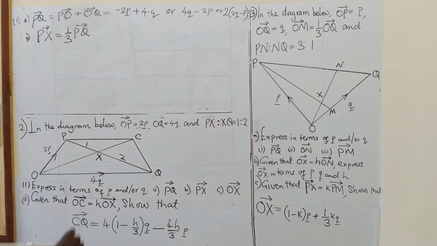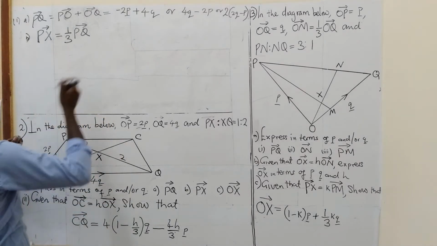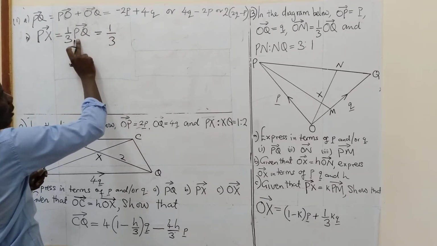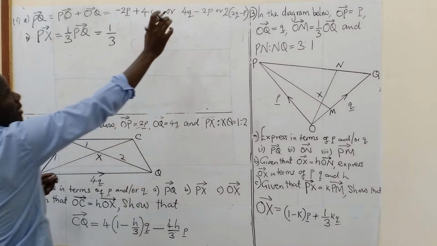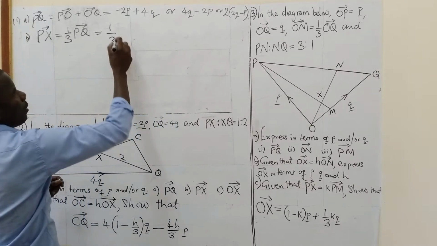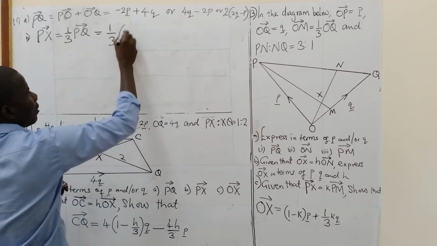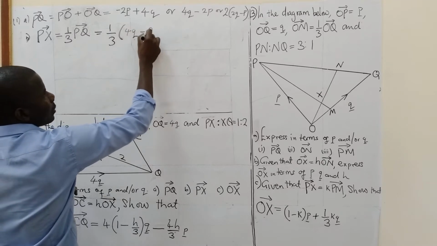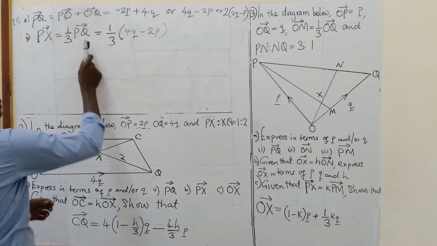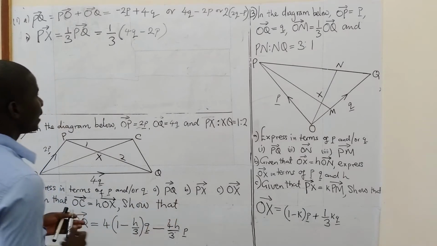So we continue to say 1 over 3 of PQ. Our PQ is the first one we got, 4Q minus 2P. This is our PX. So we can go to the next one now.